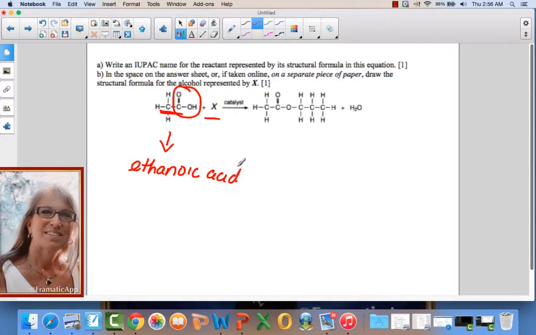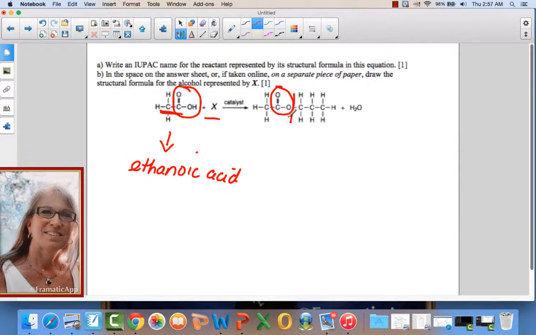So let me go to table R. Oh, let me do the alcohol, and then I'll go to table R. It also says in the space provided, on a separate piece, draw the structural formula for the alcohol represented by X. So, ethanoic acid had 2 C's. Remember, your O is your dividing line in an ester. Here's your COO functional group, right? So we know it's an ester.